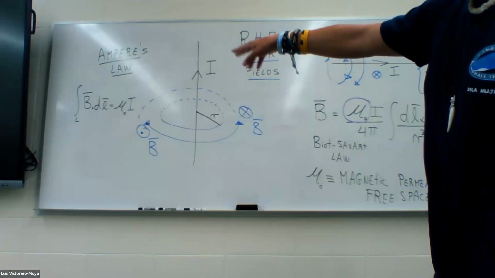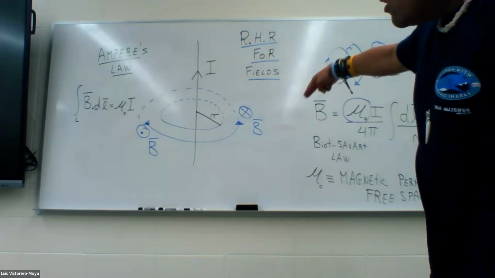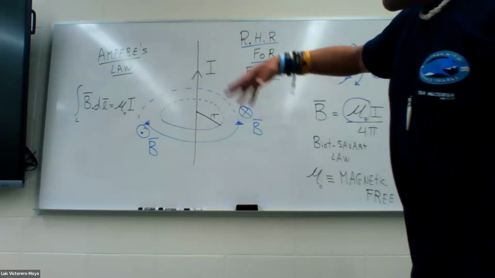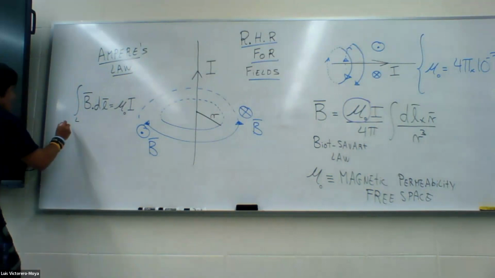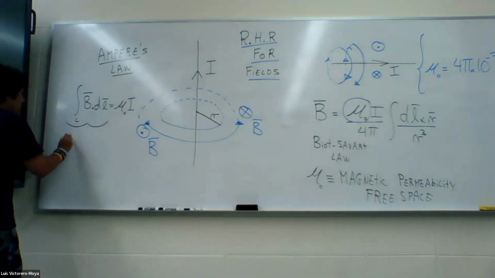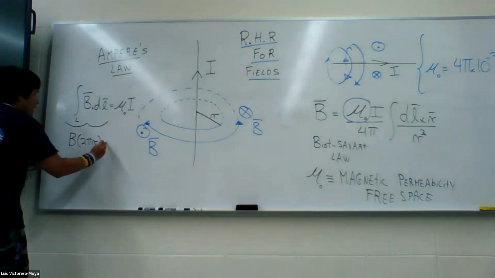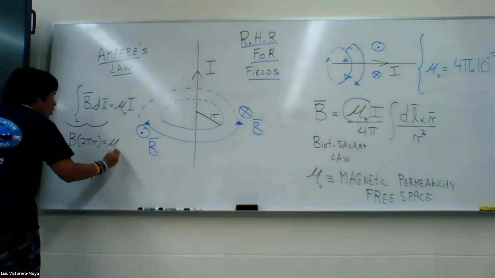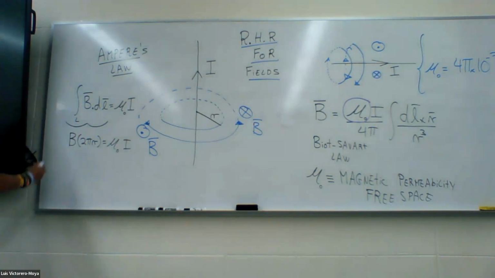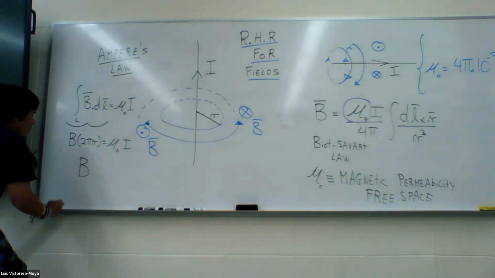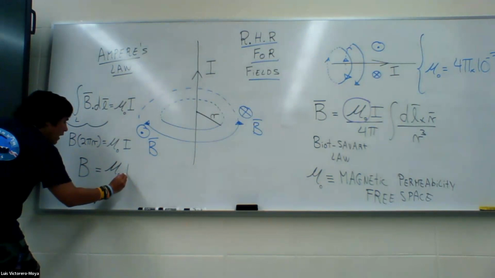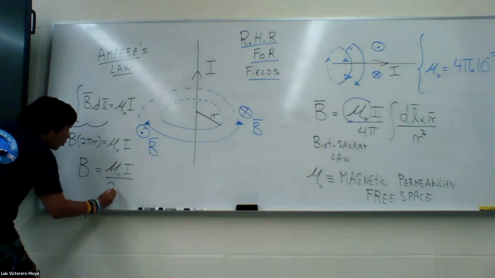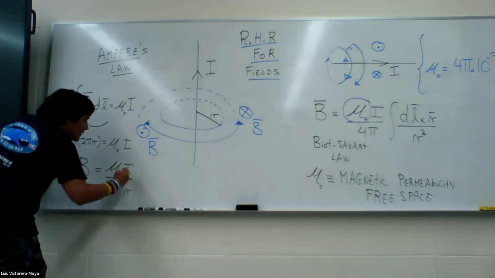So the linear integral is basically integrating the field through one circumference. So I know what's one circumference. One circumference is 2 pi r. So I can simplify this: B times 2 pi r equals mu naught I. Well, the magnetic field for a long conductor is mu naught I over 2 pi r Teslas.